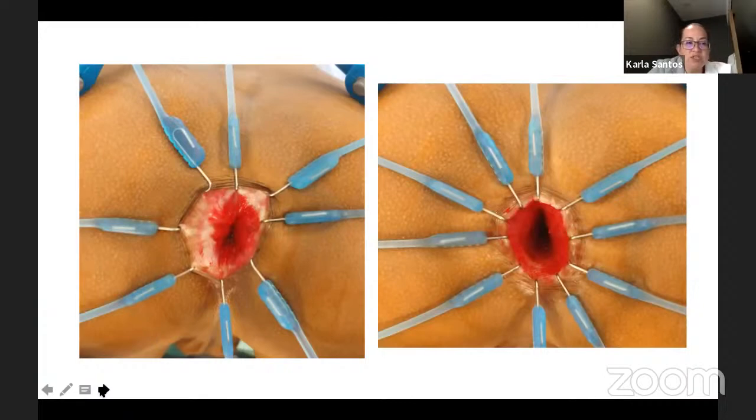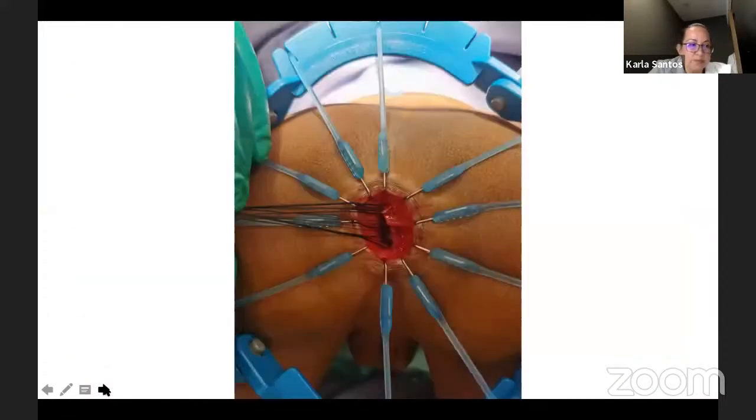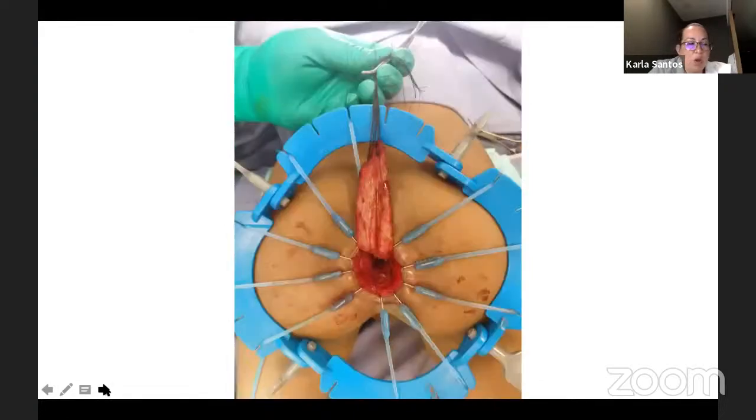First, we positioned the Lone Star retractor, and then we advanced the hooks to hide the pectinate line in the image on the right. Then we placed a line of seal sutures around the circumference of the rectum for traction. We performed the proctectomy with dissection with electrocautery.